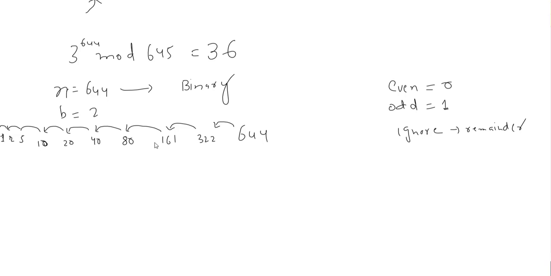Now for even, we'll have 0, so this will be 0, this will be 0, since this is odd, this will be 1, this will be 0, this will be 0, this will be 0, this will be 0, this will be 1, this will be 0, and this will be 1.